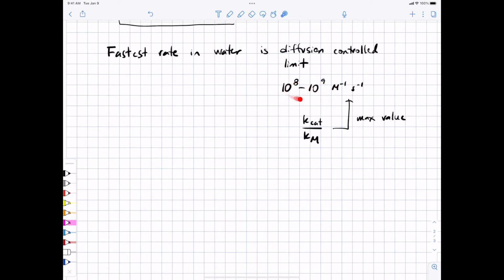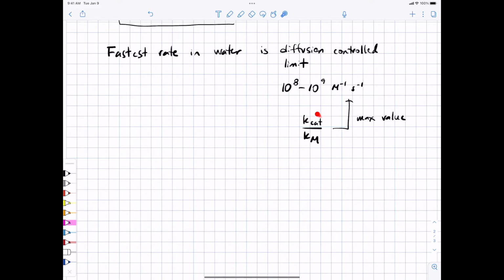And the closer you are to that diffusion controlled limit, the more efficient and more effective your enzyme is. Because it doesn't matter if the enzyme can process molecules faster than this, because at that point, the rate determining step will simply be substrate finding the enzyme and not the chemistry inside.